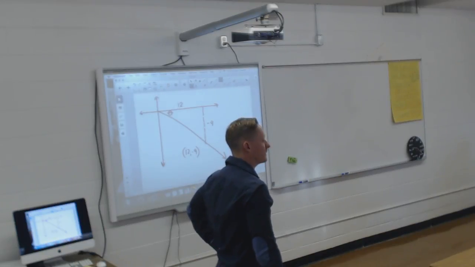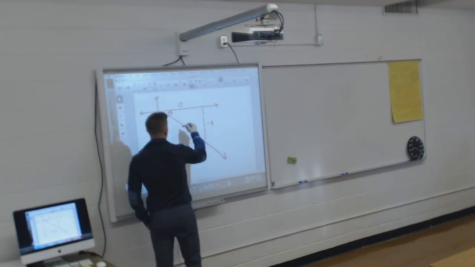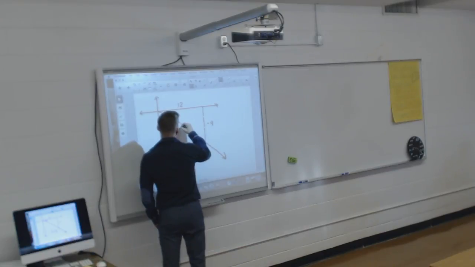R. That's right. How do I find R? Pythagorean theorem. Exactly. 12 squared plus 9 squared. 144 plus 81 makes 225, which makes this 15.